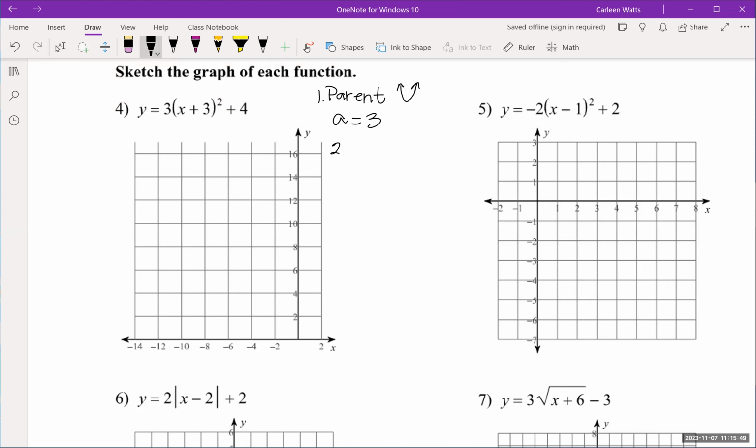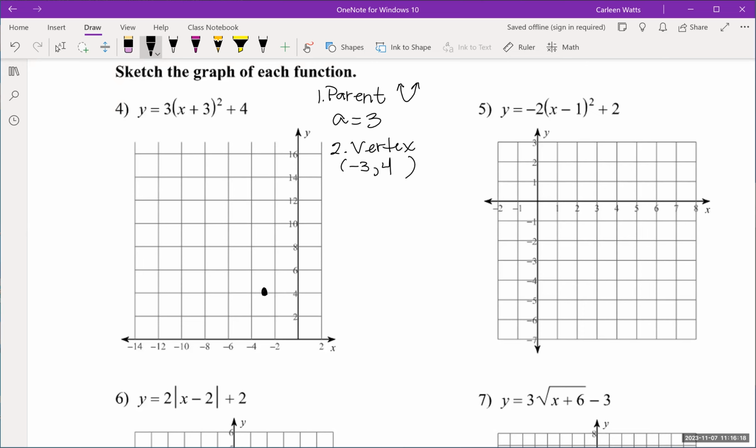Okay. Zoomers, what's the next thing I need to find? Vertex. All right, thank you. The vertex is -3, +4. Okay. Oh, this is annoying. Oh, super annoying.